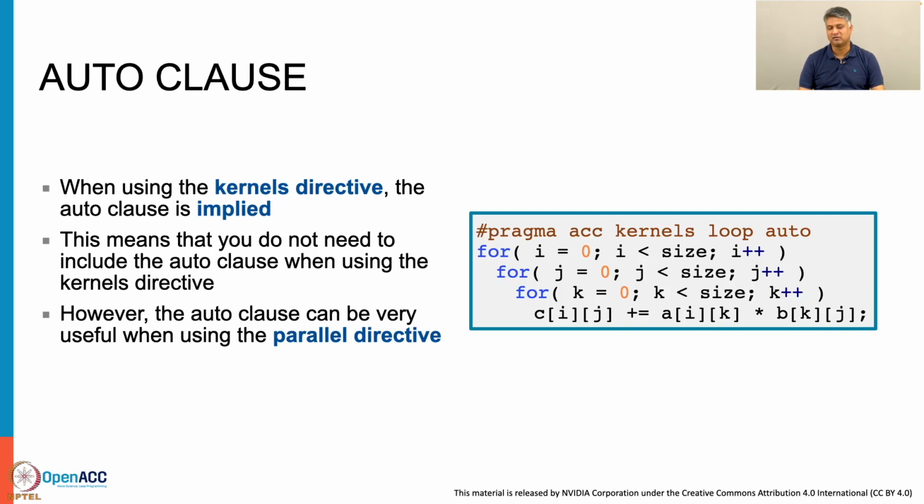Here the compiler does the heavy work of deciding whether the loop is parallelizable or whether there are any other data dependencies. But if you are using the parallel directive, then the auto clause can become very useful, because then the responsibility for the safety of the program resides with the programmer. So, if you are using the kernels directive, please do not use the auto clause.